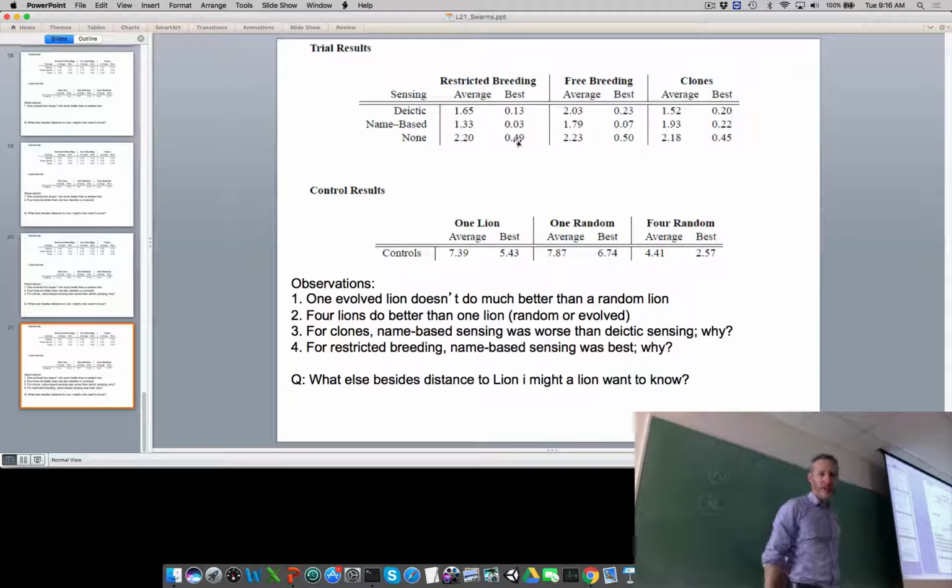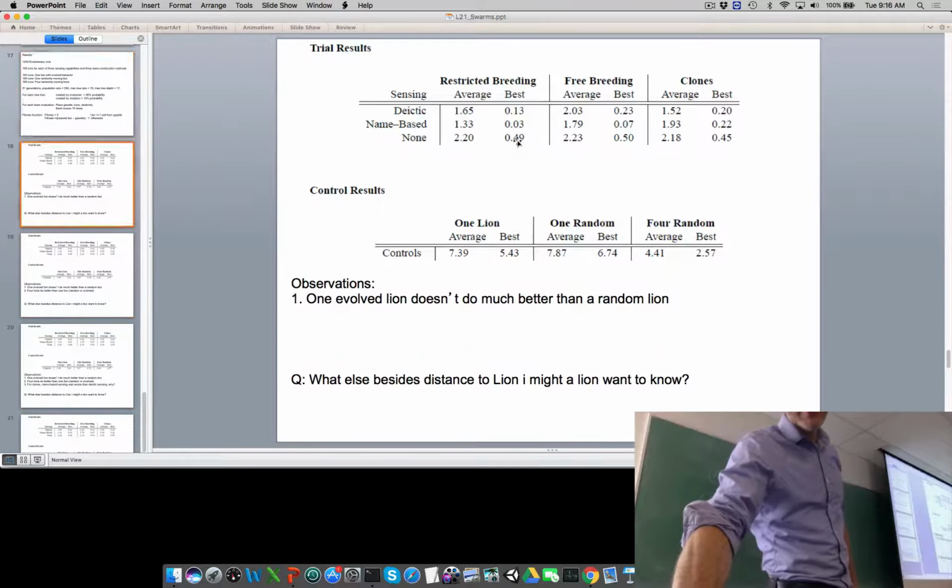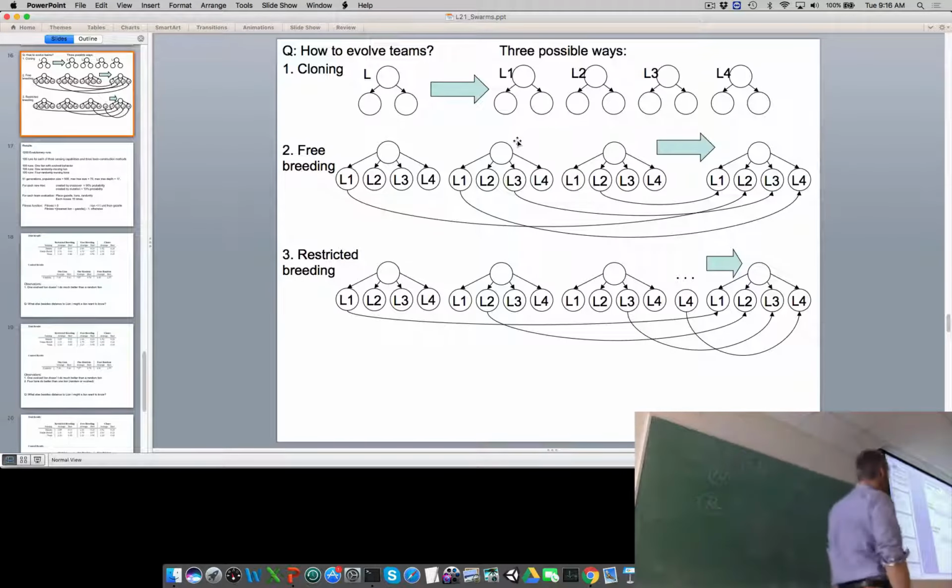Absolutely, right? Because we're dealing with restricted breeding. So let's say L1 actually is the chaser. So this subtree here is evolving to head straight towards the gazelle, let's imagine. The other subtrees are evolving to do something else, which should probably be: don't go towards the gazelle. You'll mess things up if you do. Do something else. I don't know what they do, but do something else.